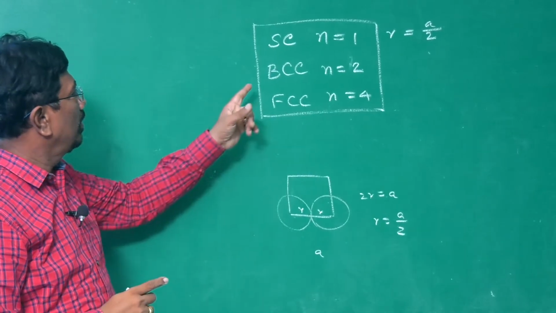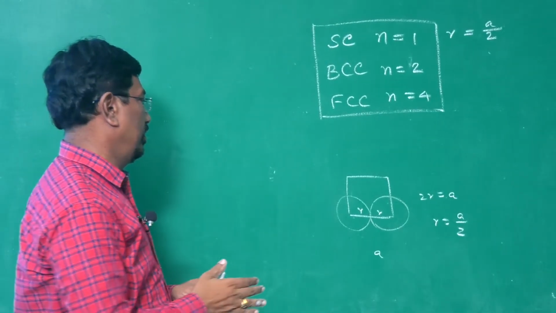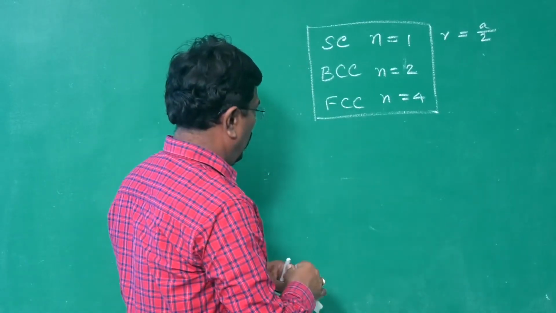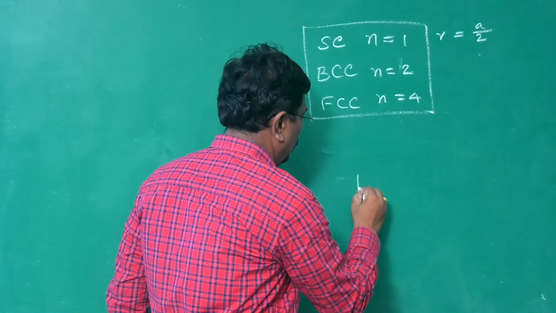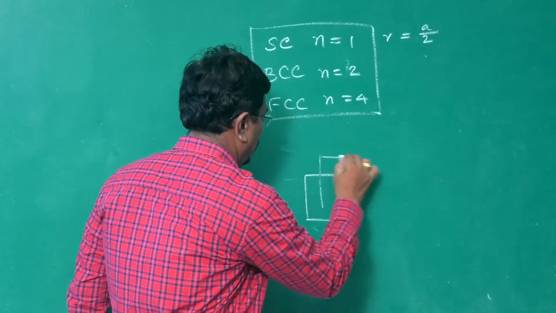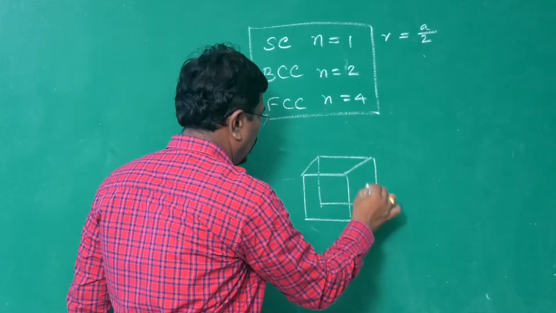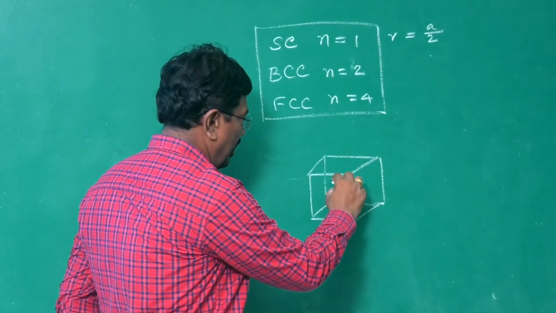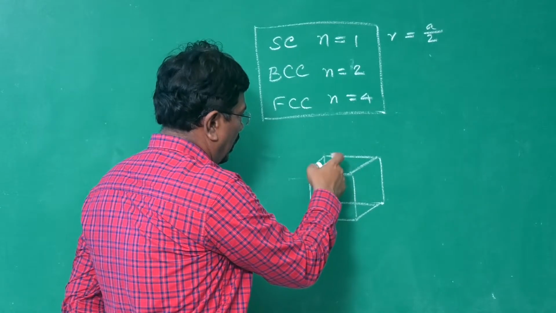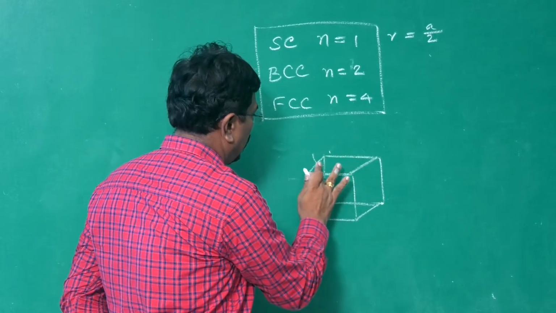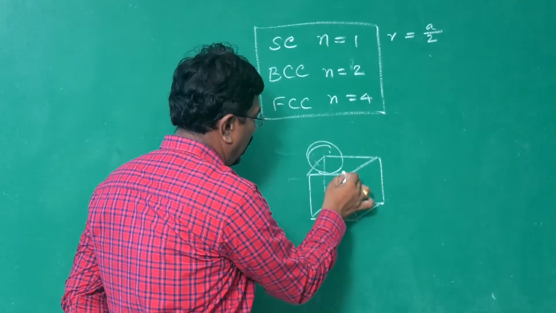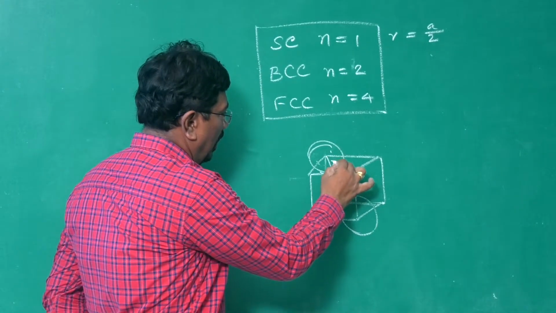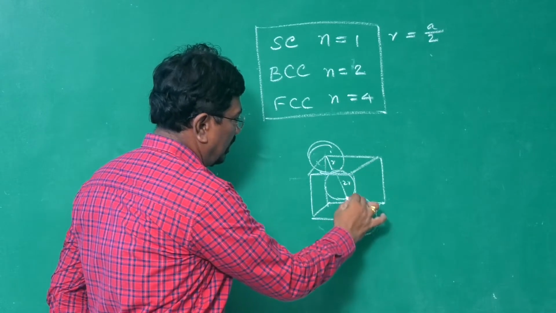In the case of a body-centered cubic arrangement, let me draw a cube. There is an atom at the center of the body. Let us imagine an atom at this corner, an atom at the center of the body, and an atom at this corner. This is r, this is 2r, this is another r.